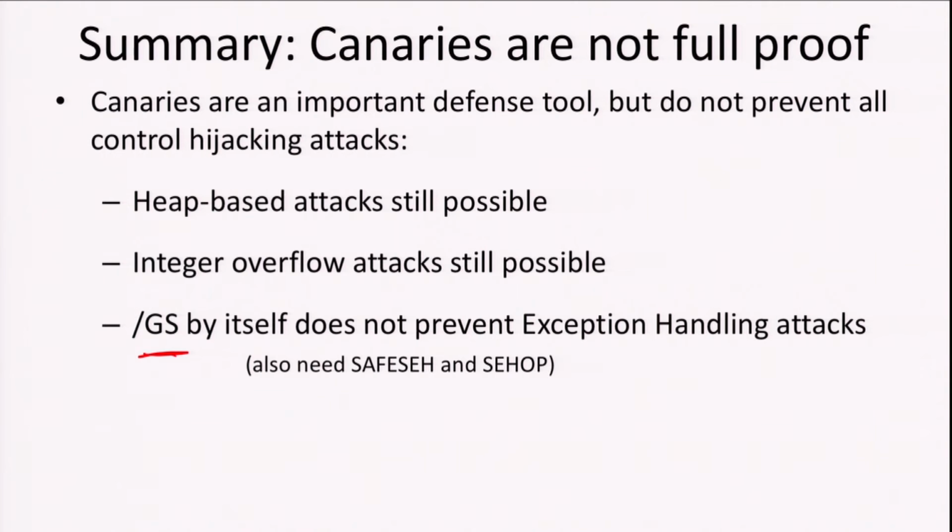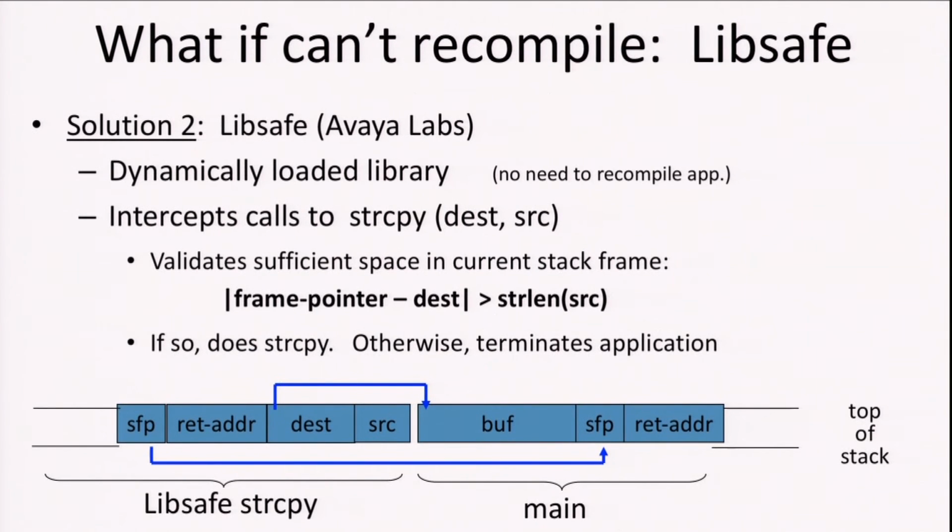You would still need Safe SEH and SEHOP in order to turn on either the safe list of exception handlers, or use the dummy record and figure out that exception records have been compromised.